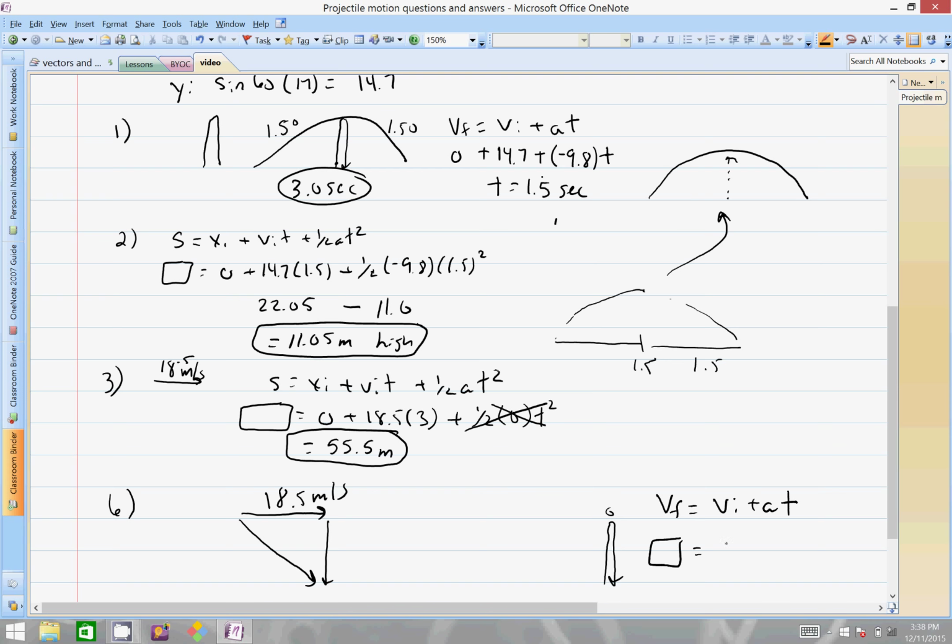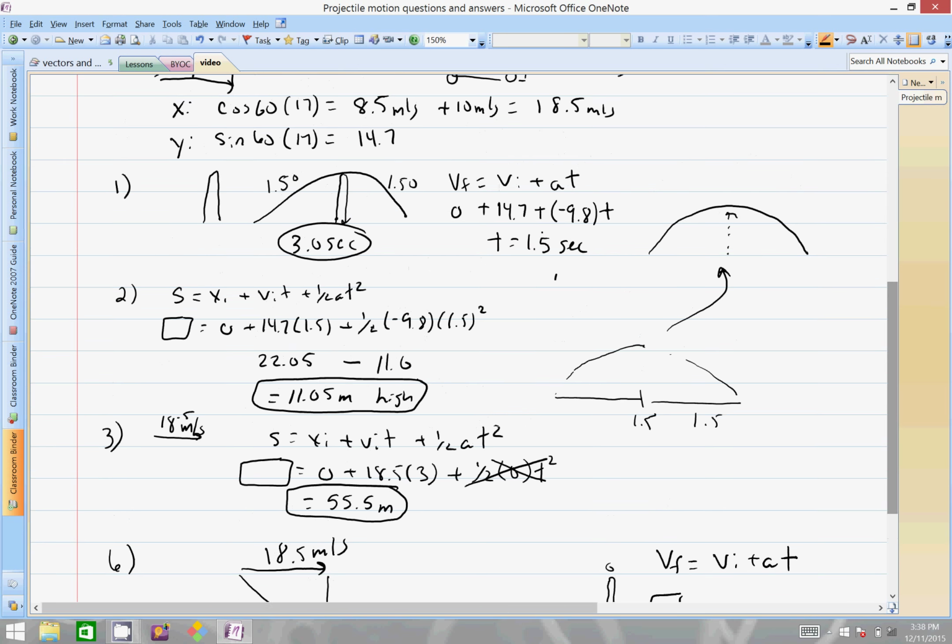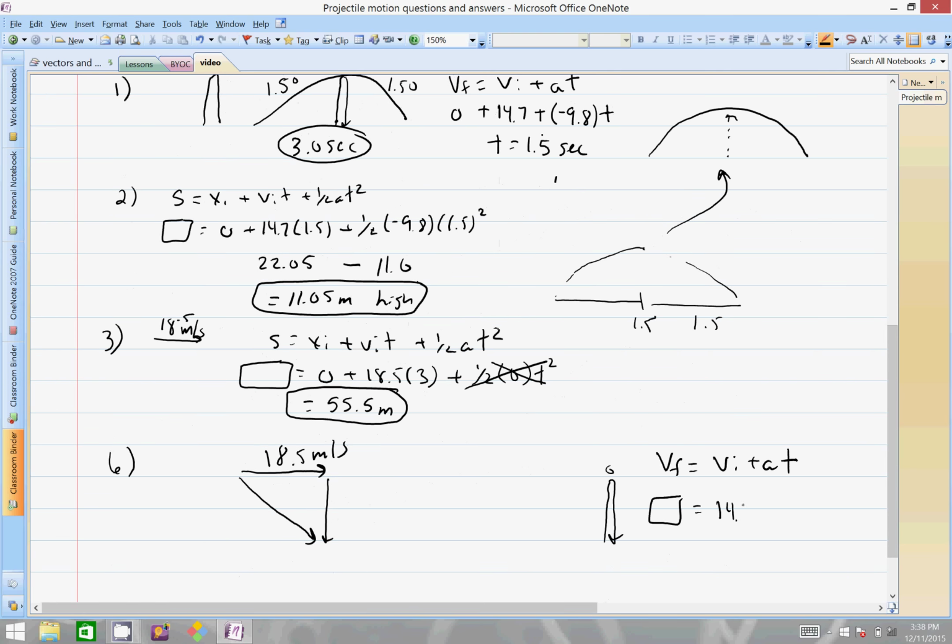Initial velocity is given at my angle, 14.7, and then plus the negative 9.8, and I want to know what it is right here, which is at 3 seconds, and you would find out that the answer is negative 14.7. So whatever it left with is what it comes down with, so it's going to be negative 14.7 at this point.